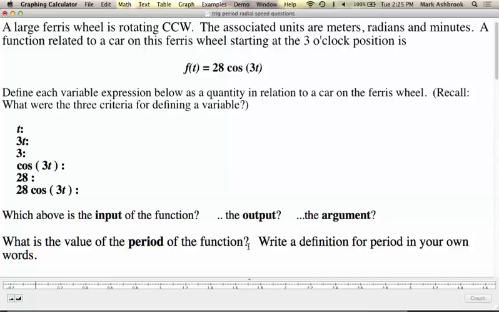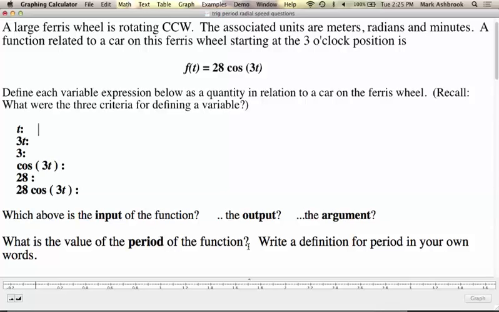I've taken the rule of that function and split it into every possible sub-expression: t, 3t, 3, cosine of 3t, 28, and then the whole thing, 28 cosine 3t. Every one of those would generate a value for a given value of t. You're writing out in sentences the meaning of the quantity that expression represents.